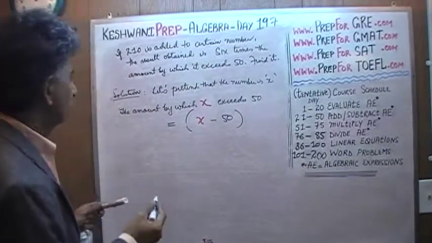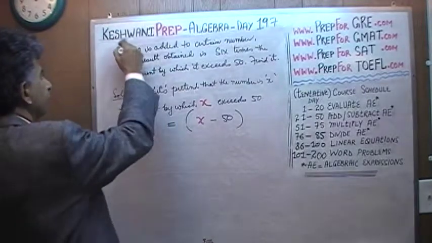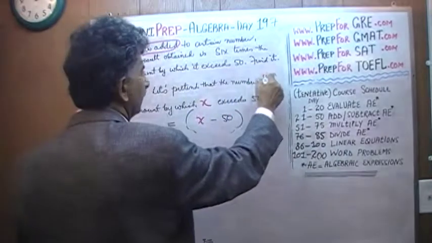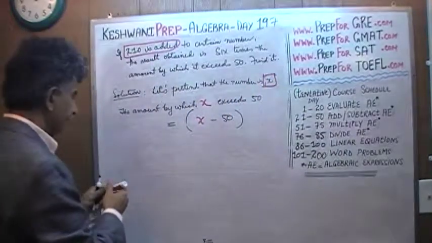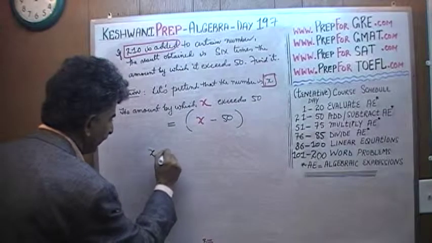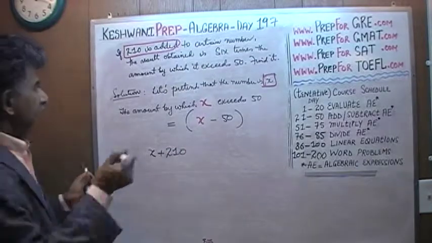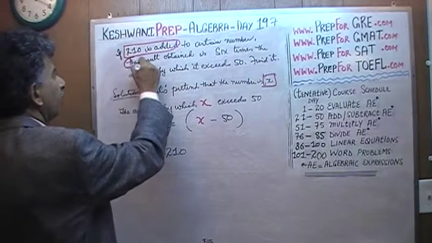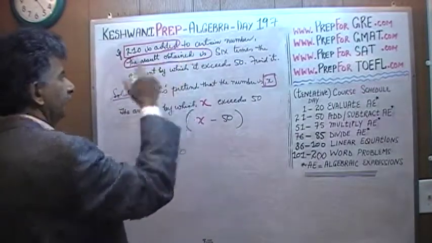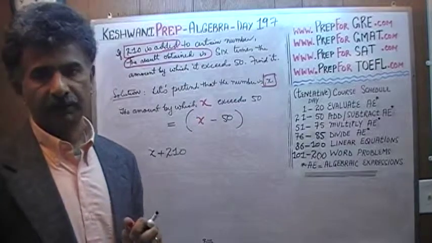And we are told that if we were to add 210 to our number x, the result obtained is, how do we translate that from English language to algebra language?